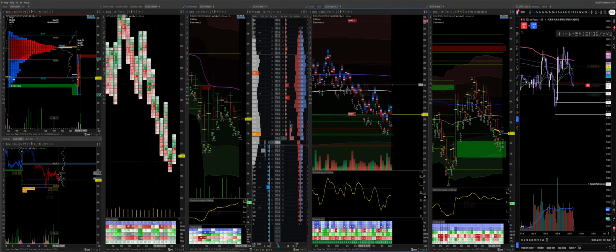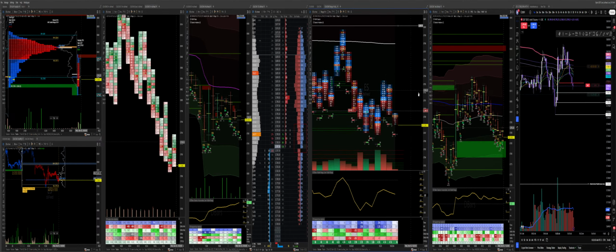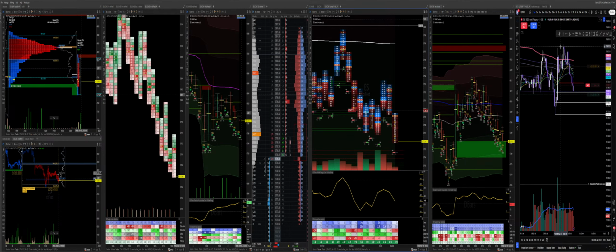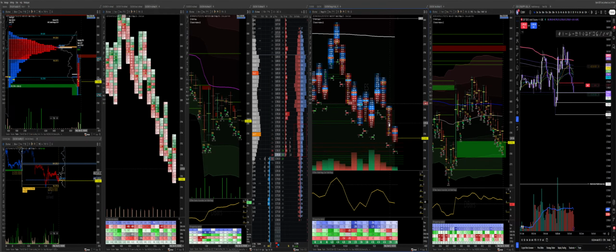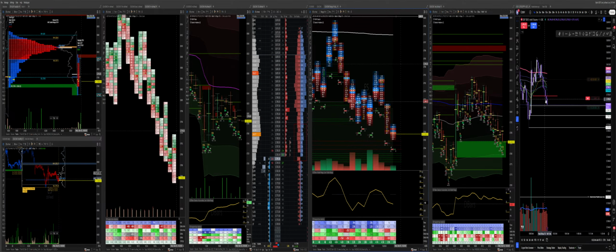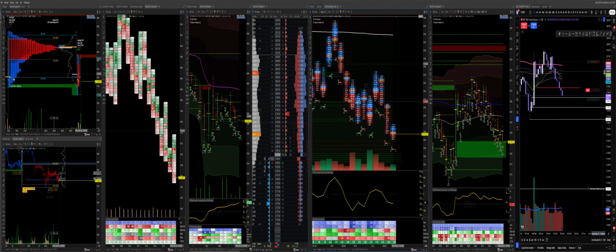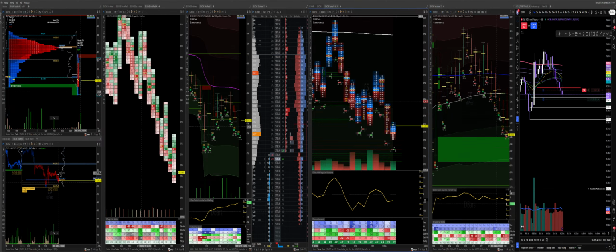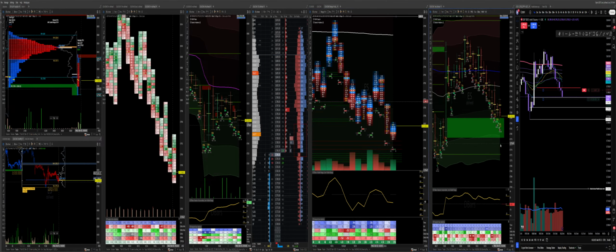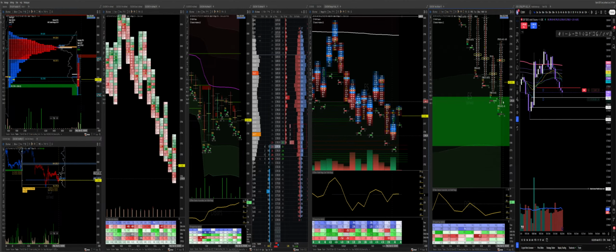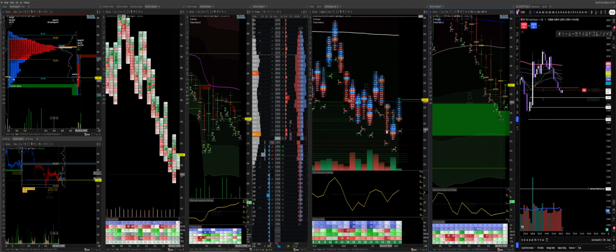It'd be interesting to see, because if this was actually the bullish momentum that they wanted to push. See, we came down to it here. We got stacked imbalances here. See, that's exactly what I've been talking about.